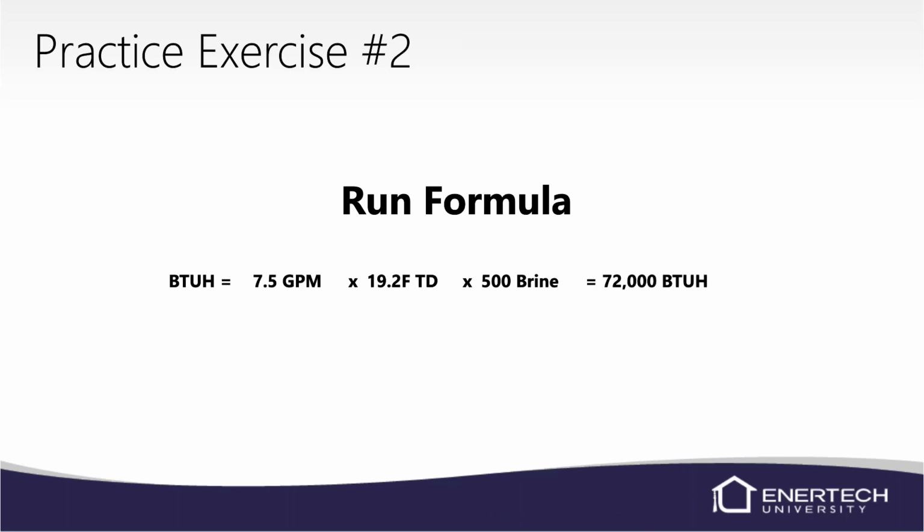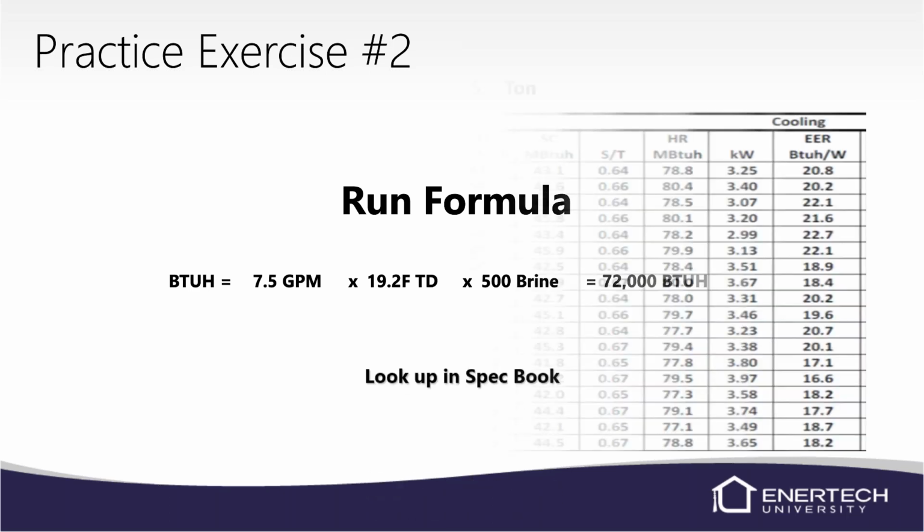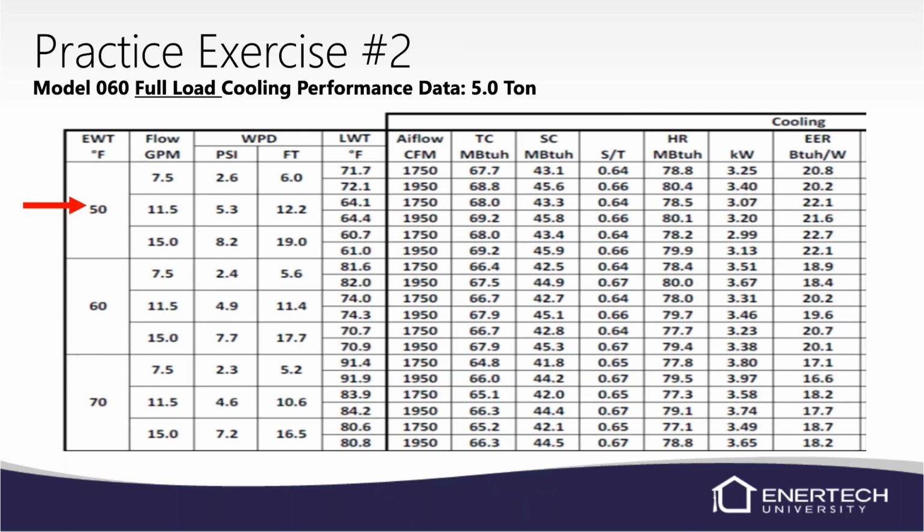That tells us we're moving 72,000 BTUs. Doesn't sound too bad. So we've got to compare it with the chart. Again, we pull up the manual: 50-degree entering water temperature, 7.5 GPM, and we are at the 1950 CFM mark.